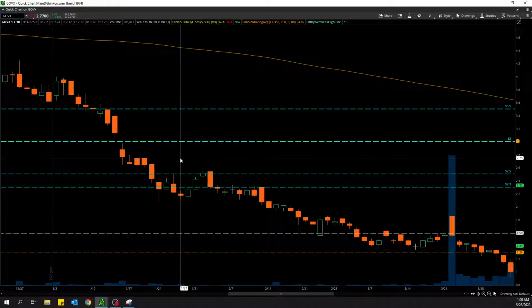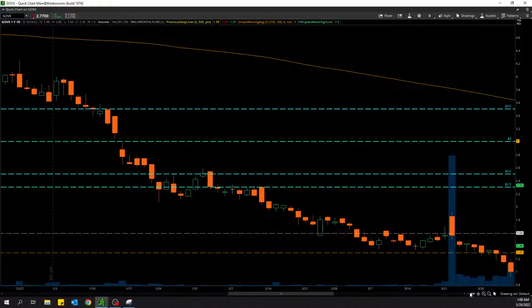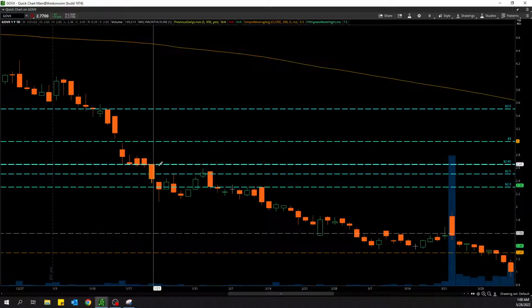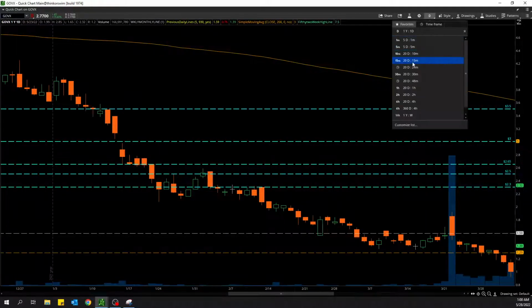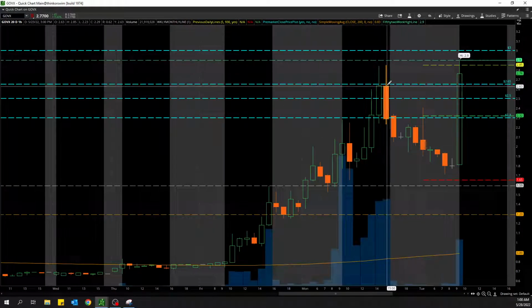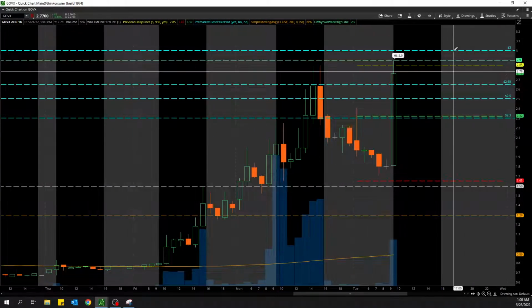Right around this area it held some support and then it broke down. You can say it's about 265. When you go down into the chart, you can see it's right in that area. So that's a key area, and this is how you identify the key areas.